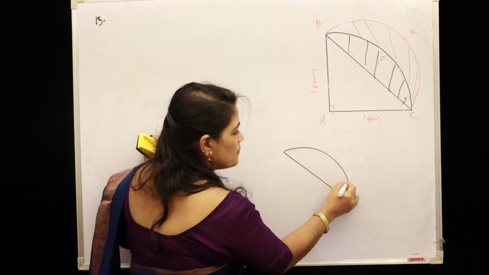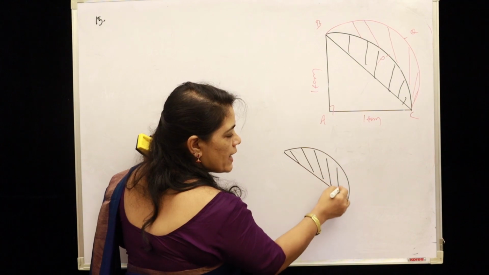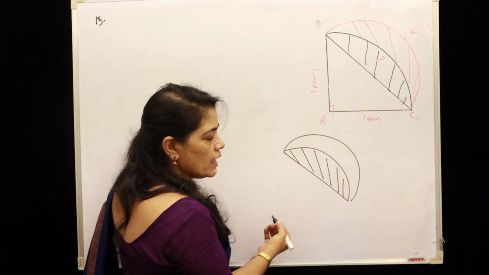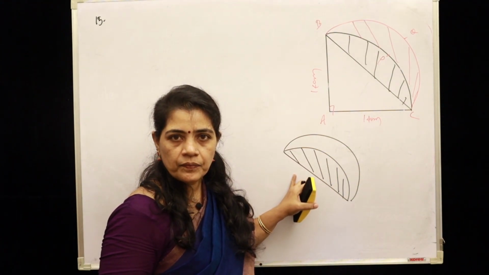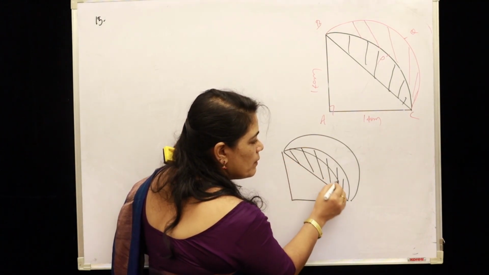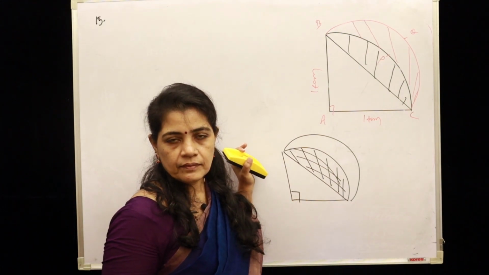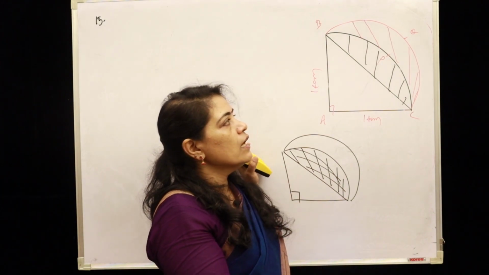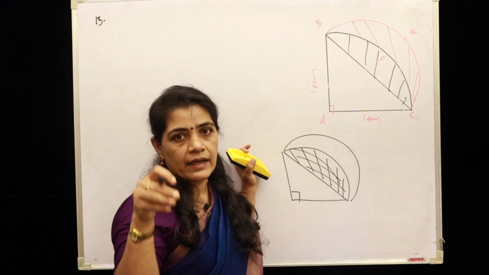This is the black shaded portion, and this is the semicircle. From this semicircle, if you subtract this area, that will be the area of the segment. This is the area of the segment for 90 degree. Then you can easily calculate the area of the shaded region. Actual shaded region is the red lines.